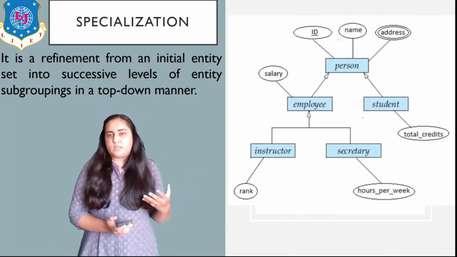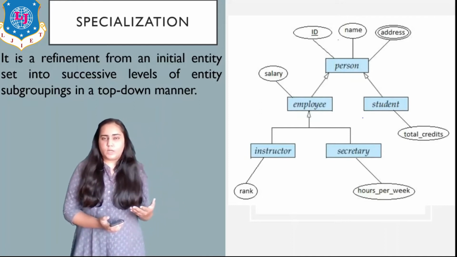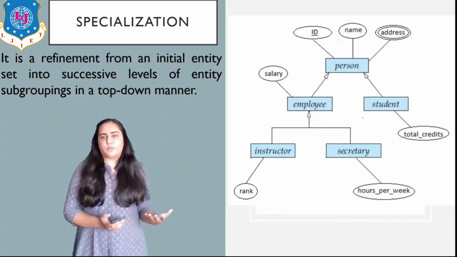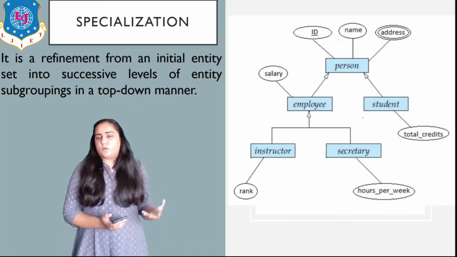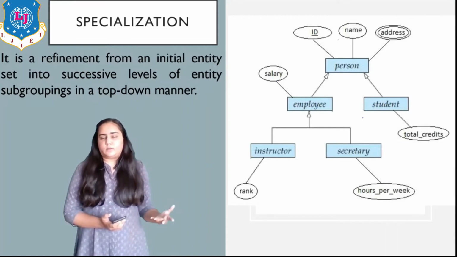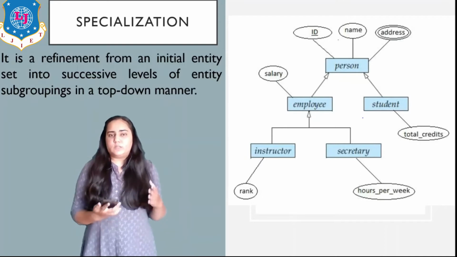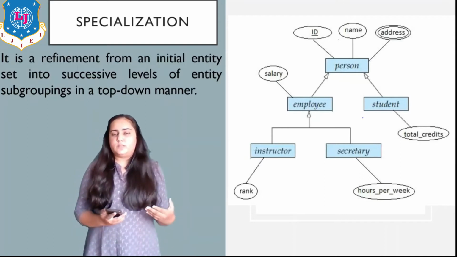If a person is an employee, then he or she could have a salary, but not total credits. And if the person were a student, he or she would have total credits, but not salary. So you decided to classify person into student and employee. This classification is called specialization.